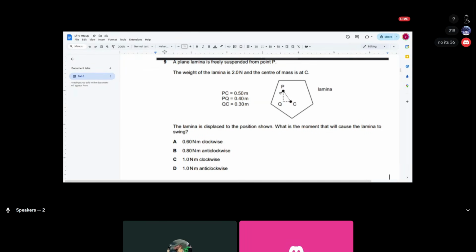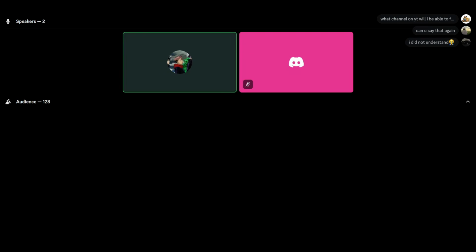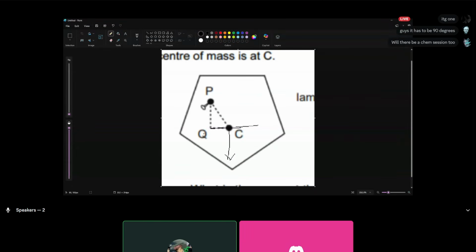It's A, so I'll explain again. Look, at C, force acts directly down, perfectly vertical. Yes, I stopped sharing. It has to be 90 degrees, exactly.